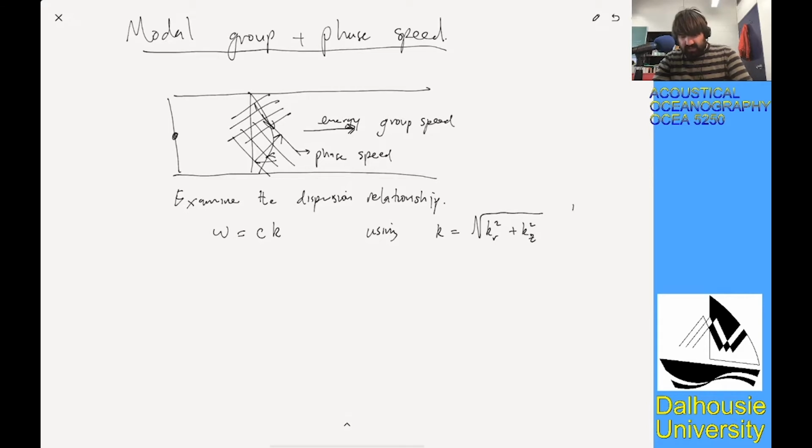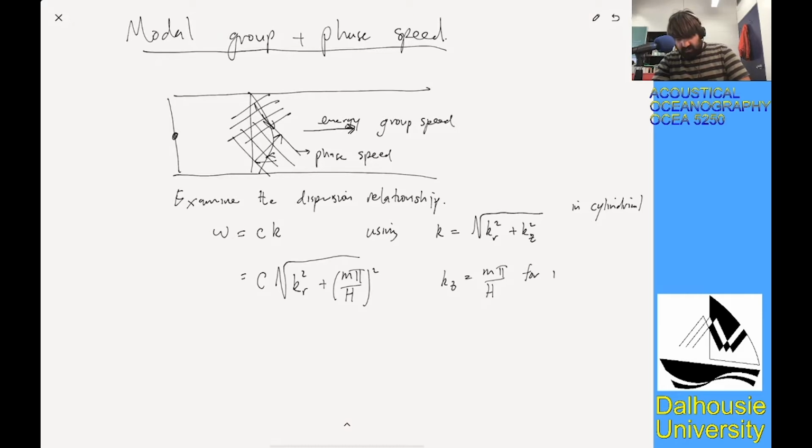This is in the cylindrical case, right? It could also be the square root of kx squared plus kz squared in the 2D Cartesian case. So when we plug that in, we get this nice expression. And let's just consider the idealized waveguide for now, okay? kz equals m pi over h for the idealized waveguide.